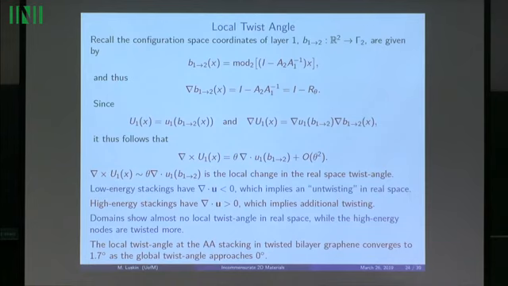The curl of a displacement tells you about the twist. So we get the same result looking at the divergence in configuration space.